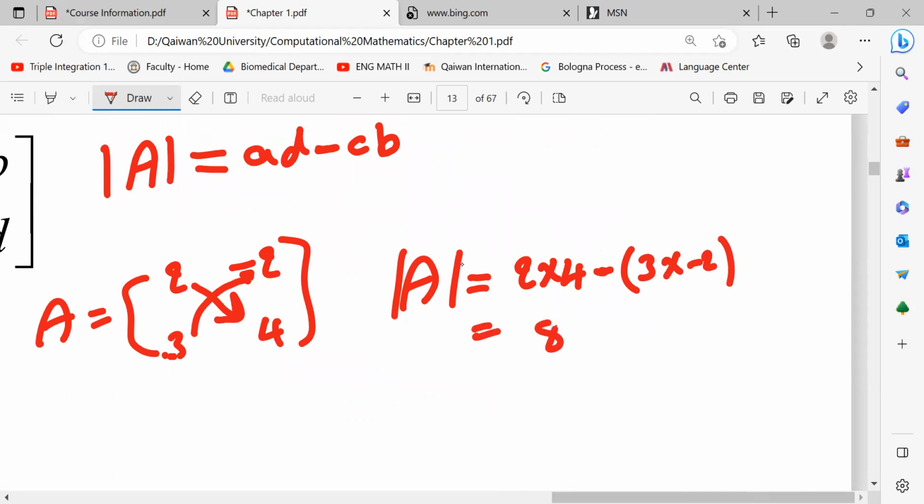This equals 8 minus, 3 times negative 2 is negative 6, so 8 plus 6, which is 14. This is the determinant of matrix A. That's how to find a determinant for a 2 by 2 matrix.